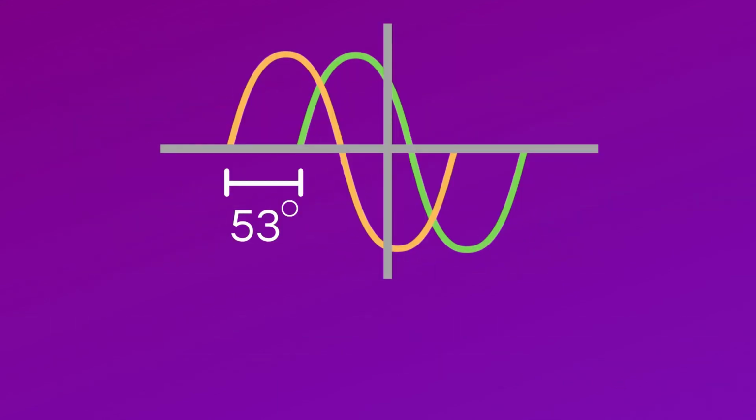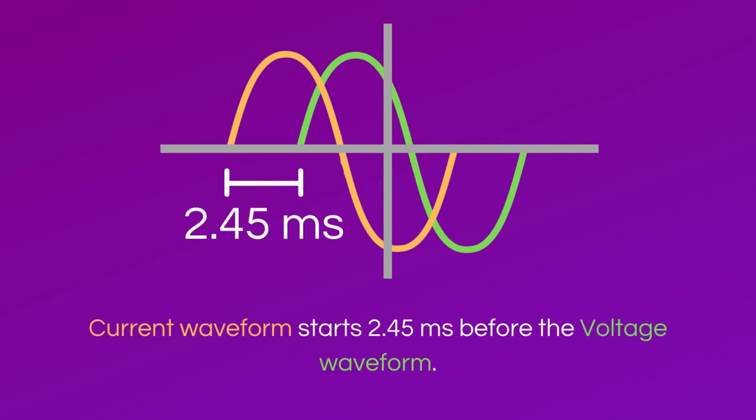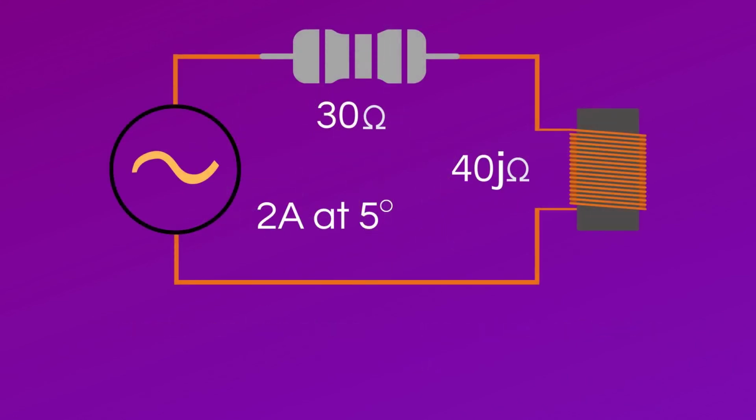What that means is that the current waveform starts 53 degrees before the voltage waveform. If we use the example where the voltage has a frequency of 60 Hz, then the current waveform will start 2.45 milliseconds before the voltage waveform.